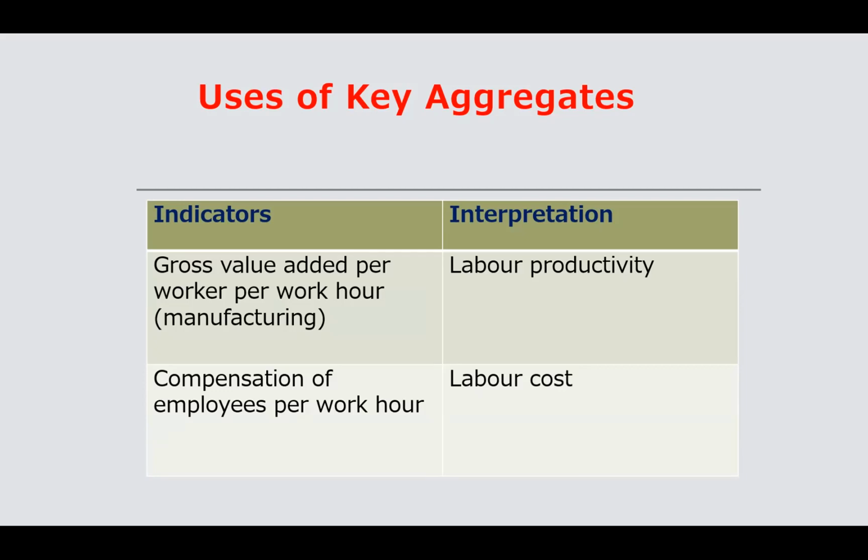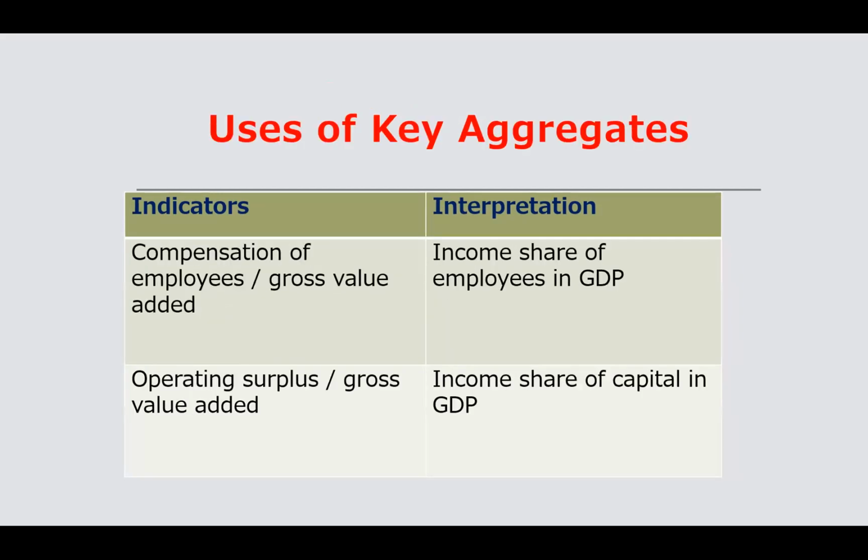Compensation of employees per work hour is the labor cost. Compensation of employees to gross value added shows the income share of the employees in GDP. And operating surplus to gross value added can be interpreted as the income share of capital in GDP.